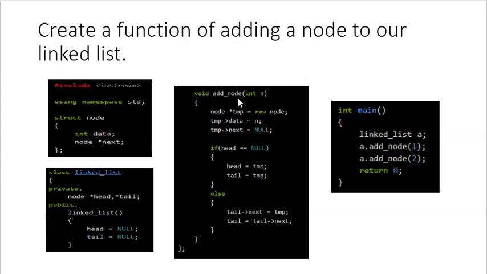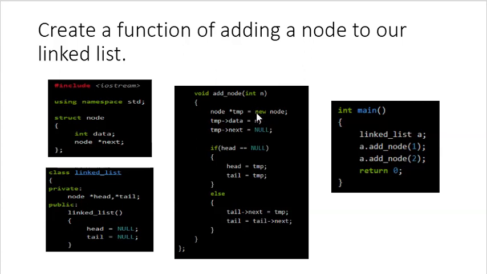Then we will write a function for how you will add a node to a linked list. So here we are declaring a temporary pointer, and with the temporary pointer I will create a new node.